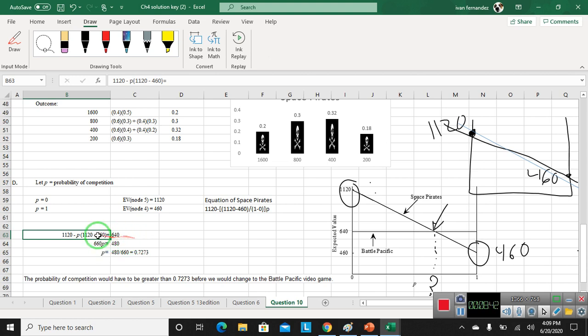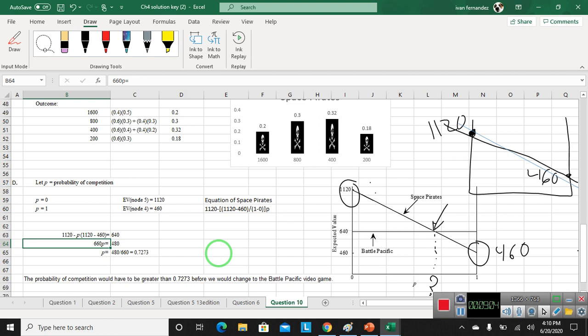It's that simple. Now, if you play around a little bit with all of this, you're going to end up with 660p equals 480. If you solve for p, you get p equals 480 divided by 660, which equals 0.7273. That's it.